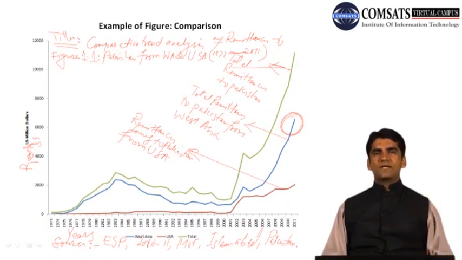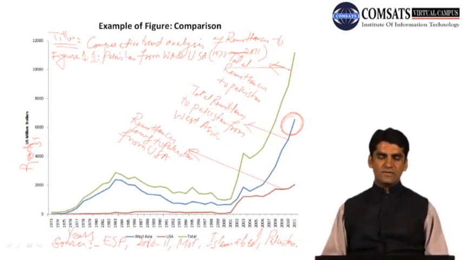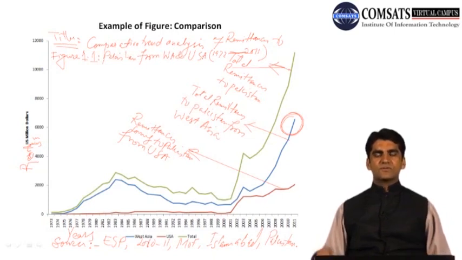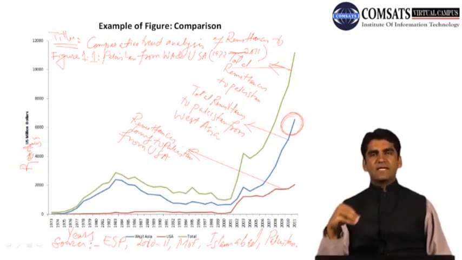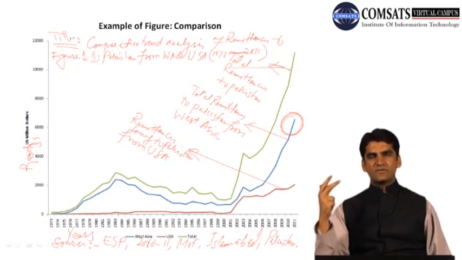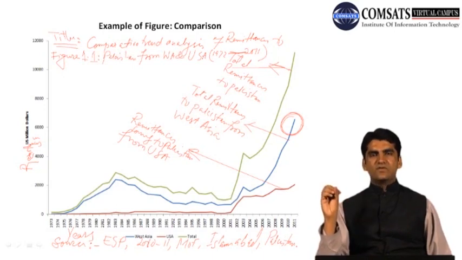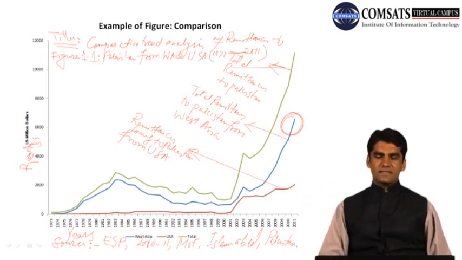Now on your bottom x-axis, you have also said that this is not rupees or something else, but just the number of years. So 1972, 1973 and so on till 2011. And your graph has a source also. You have got this data of remittances for West Asia, for USA and the total for Pakistan from the Economic Survey of Pakistan, published in 2010-11 by the Ministry of Finance in Islamabad, Pakistan.